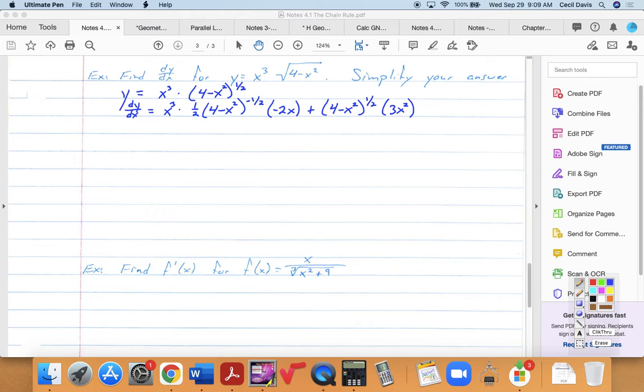I'm going to clean up the first one a little bit, and then I'm going to factor it so we get a nicer expression at the end. So the 1/2 times the negative 2 just leaves me with a negative 1. So I've got negative x times x cubed, which is x to the 4th power, times 4 minus x squared to the negative 1/2, plus 3x squared times 4 minus x squared to the 1/2 power.